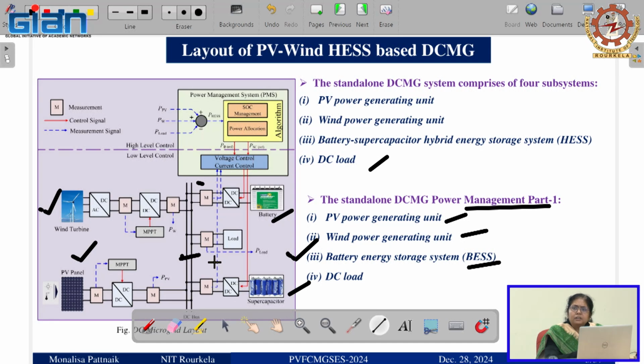Depending on your application, you have to fix your bus voltage. This is a 48 volt system.